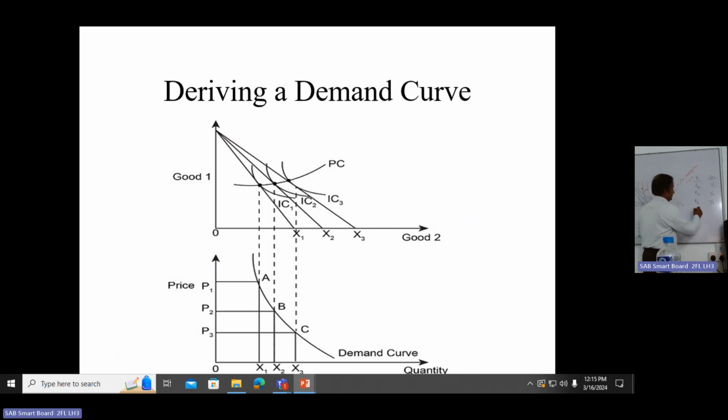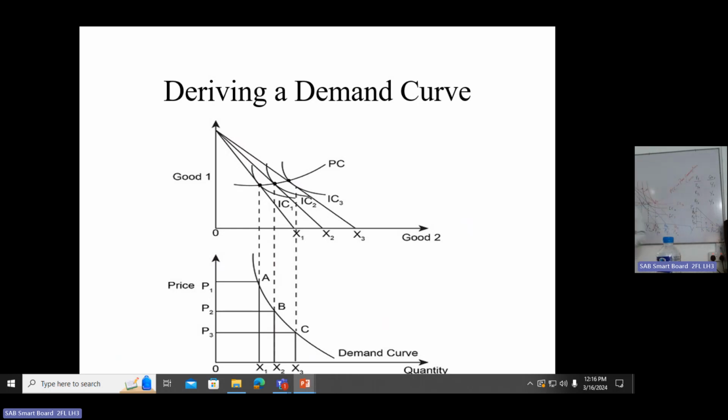So the demand curve here is the demand for the product Y. We take PY0 at the higher level, then PY1, PY2, with the quantities Y0, Y1, Y2. A higher price means lower quantity. This gives the demand for the product Y, DY.